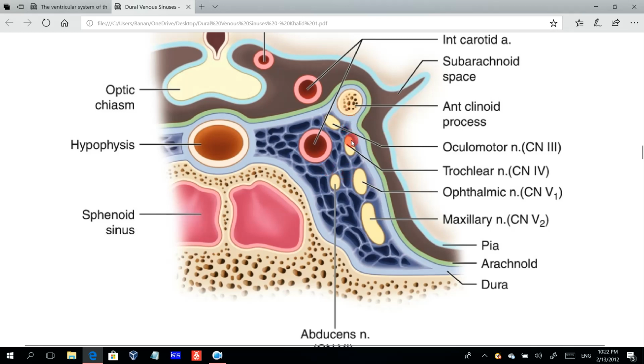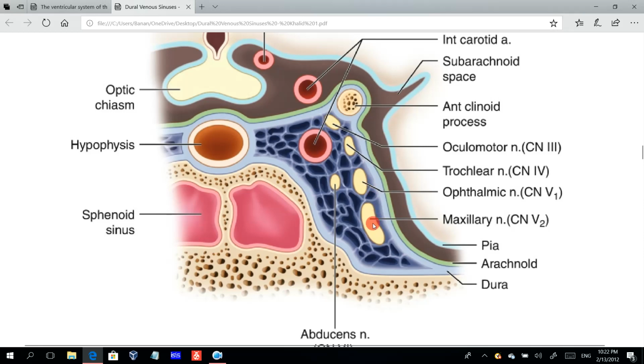And of course, this is the lateral wall of the cavernous sinus. Through the lateral wall, first of all, we have the oculomotor nerve, cranial nerve number 3, the trochlear nerve, cranial nerve number 4, and V1, the first division of the trigeminal nerve, and the maxillary nerve, which is the second division of the trigeminal nerve.